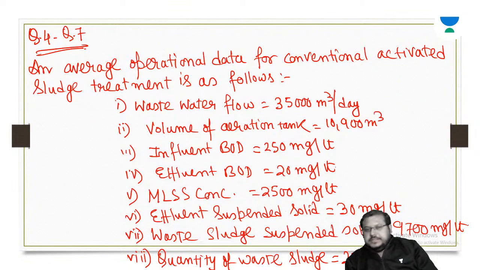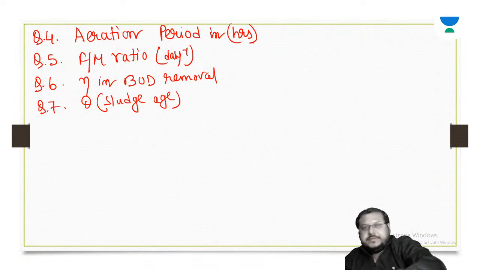If you are not able to see this, waste sludge suspended solid is 9700 milligram per liter and quantity of waste sludge is 220 meter cube per day. Write down the things in your copy and then try to solve the questions. Questions given are aeration period, F by M ratio, efficiency and theta. These 4 things you need to find out.